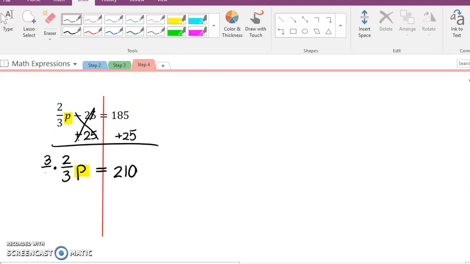Instead of 2/3, I'm writing 3/2 on both sides. I'm going to multiply by that. The 3's cancel, the 2's cancel, which was our goal. P is by itself. Yay! And on the right side, again, I prefer to have 2 different fractions. And I end up with 315 for my final answer.